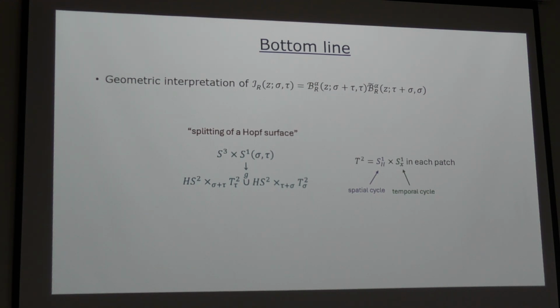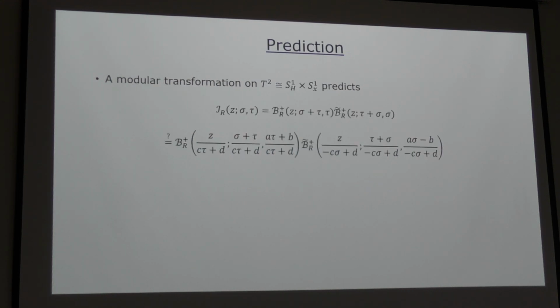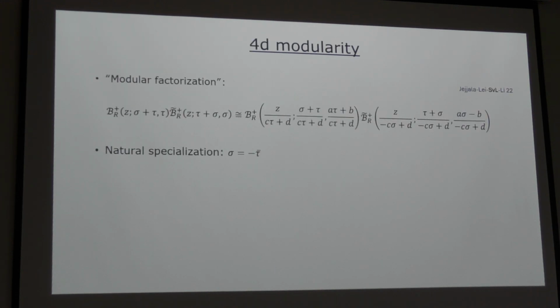In fact, if you carefully follow this through, it seems very natural to take a specialization of sigma to be minus the complex conjugate of tau. In that case, you can figure out that the SL2Z transformation acts precisely the same on top of tau as it's supposed to.